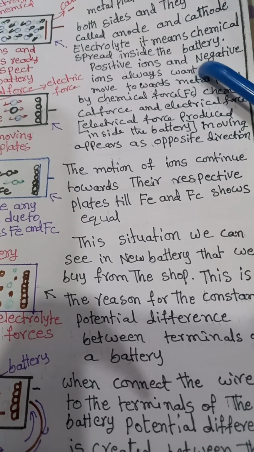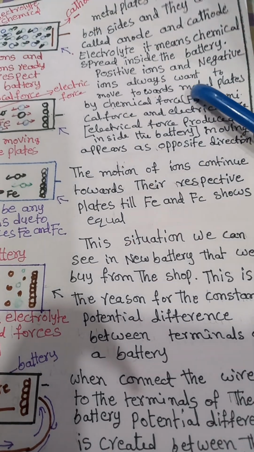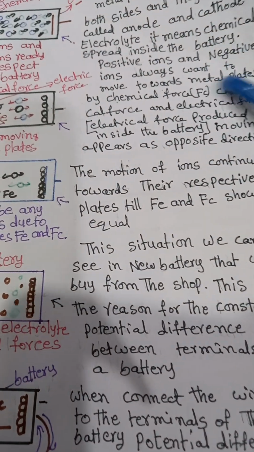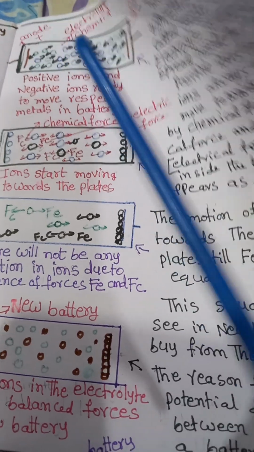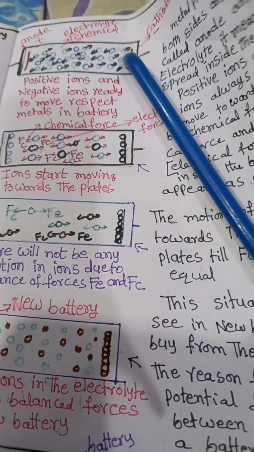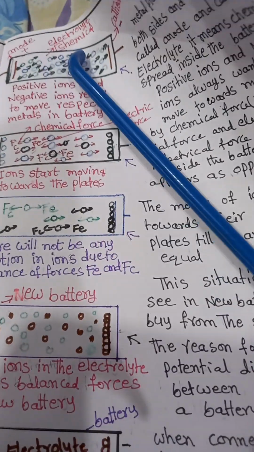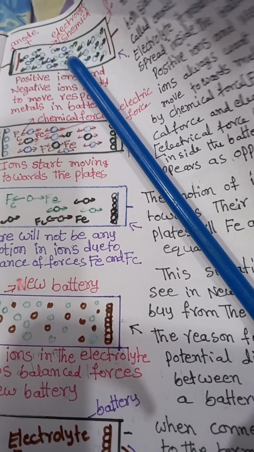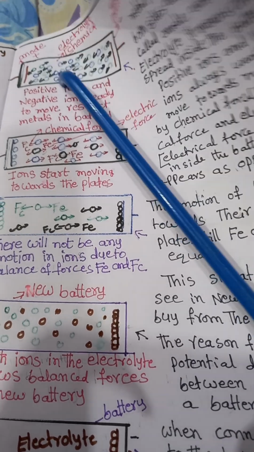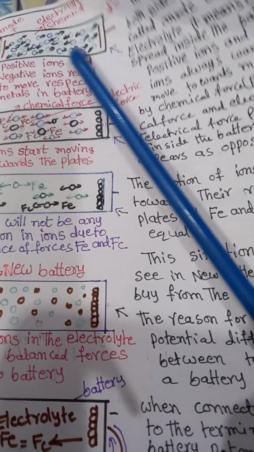Positive ions and negative ions always want to move towards the metal plates. So here, inside, between the two metal plates, positive ions and negative ions are there. By the force of the electrolyte, all of these ions are pushed towards the two metal plates.